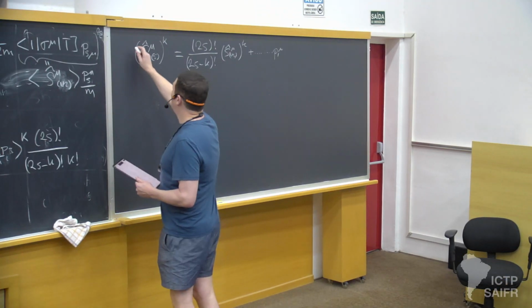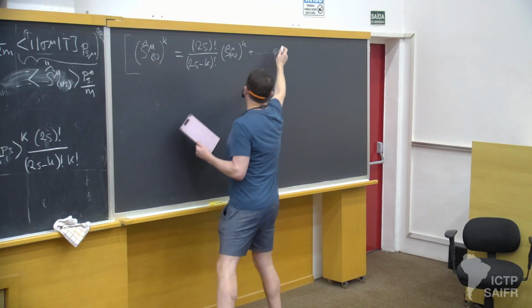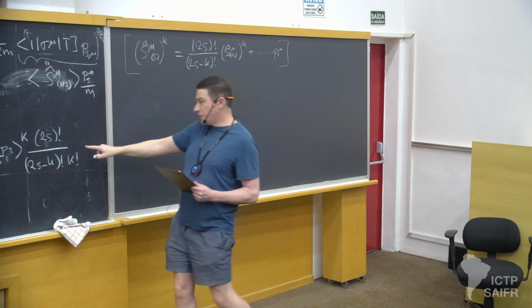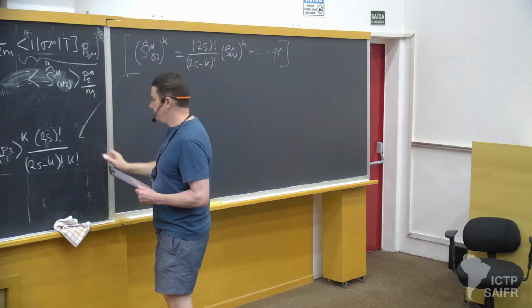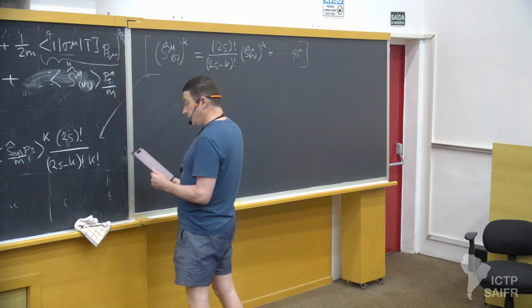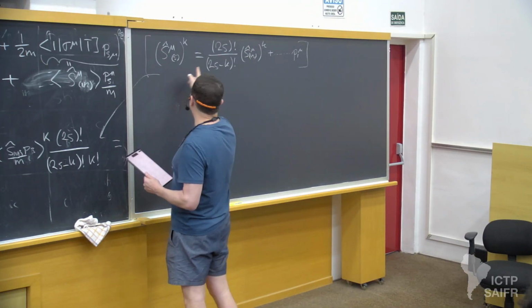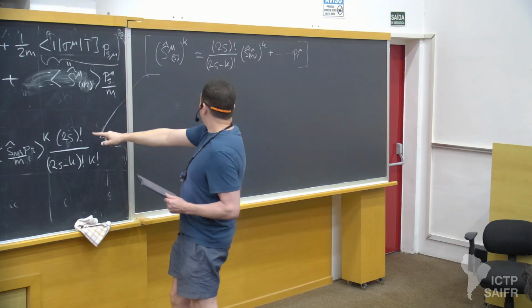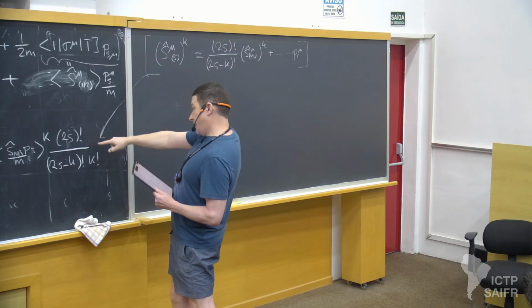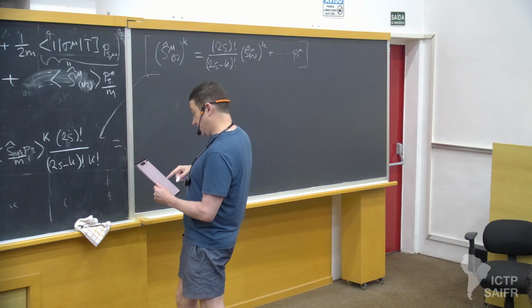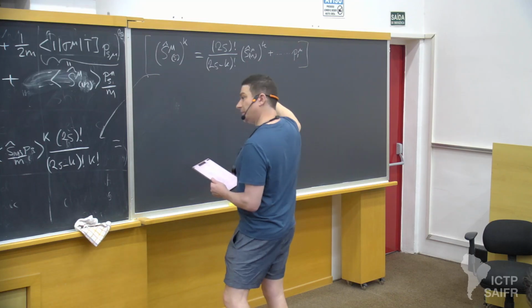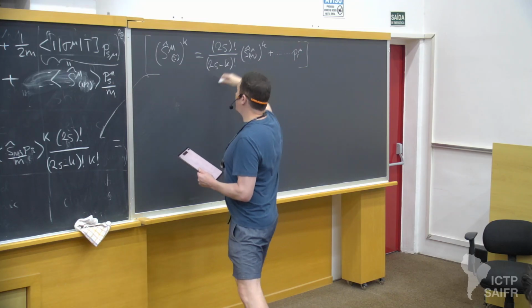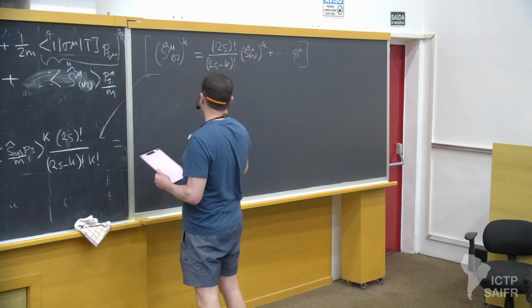Okay, so that was just a comment. If I use that formula in here, then you can show that lots of these factors cancel. It doesn't look like it cancels, but I wrote it the other way around. If you put this on the other side, then it will cancel here.